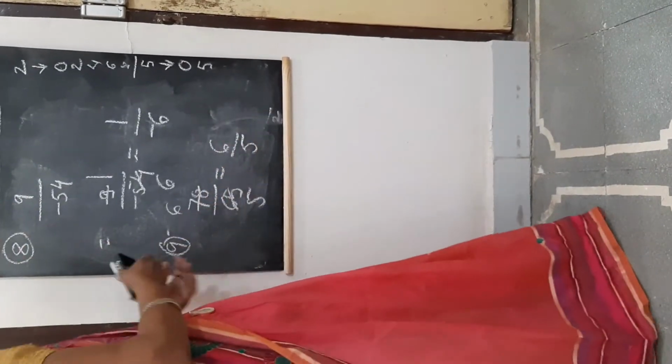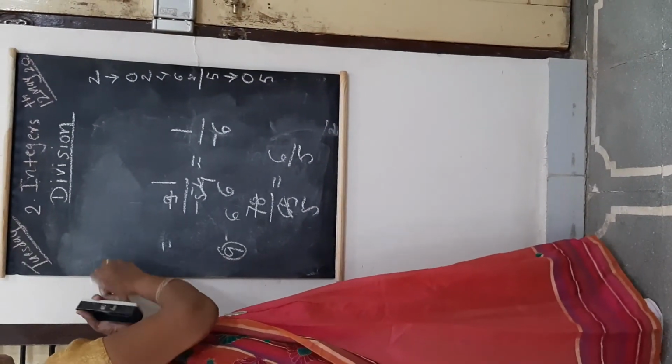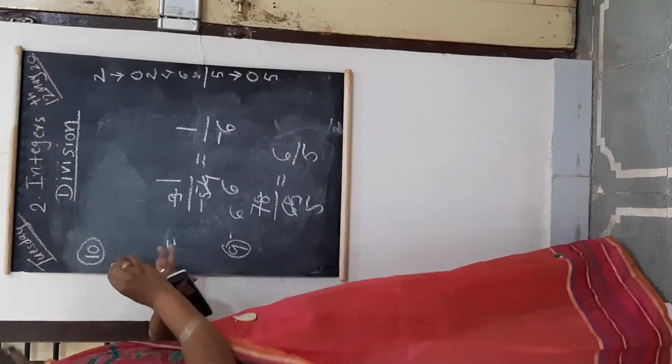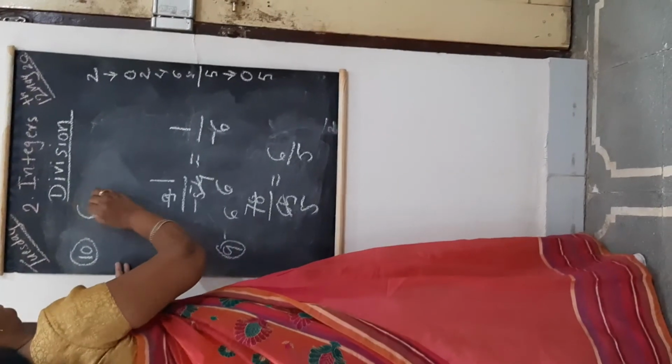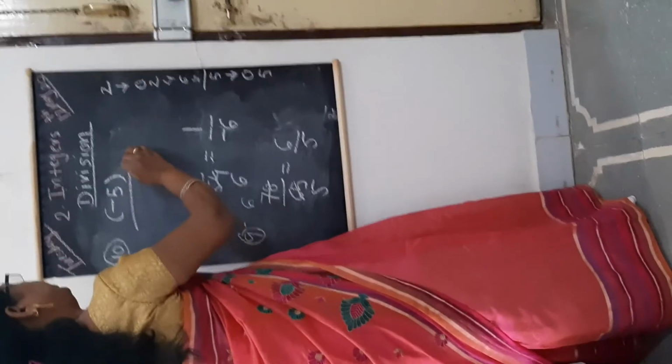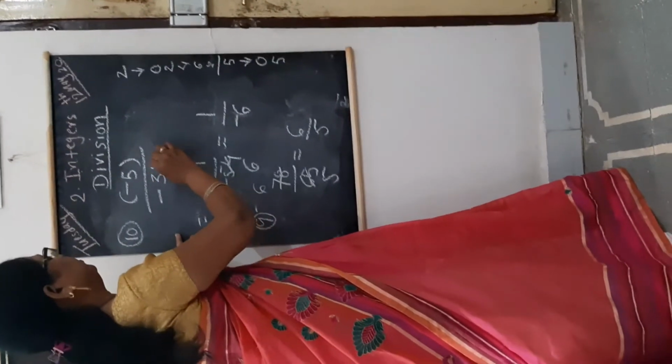The last example from this practice set is the tenth example. Negative 315 divided by negative 5.